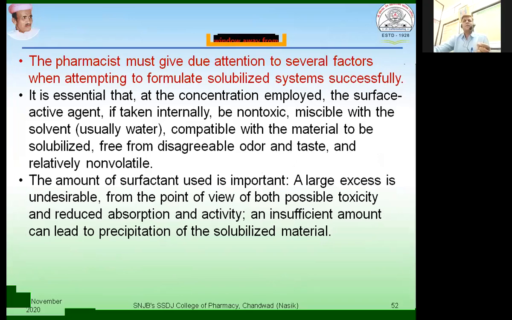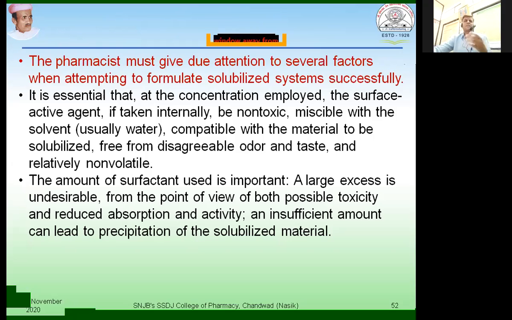The amount of surfactant used will again play an important role. A large excess is undesirable from the point of view of both possible toxicity and reduced absorption and activity. Even an insufficient amount can lead to precipitation of the solubilized material. So the optimum concentration of surfactant must be used as a solubilizing agent to ensure that solubilization of your drug molecule takes place properly.